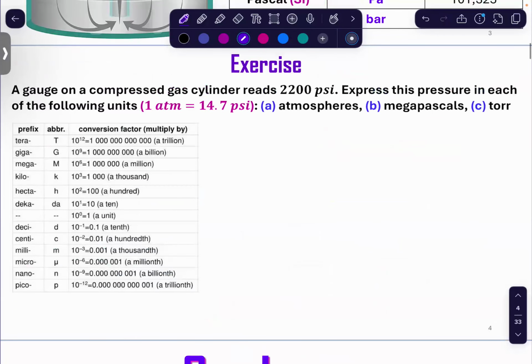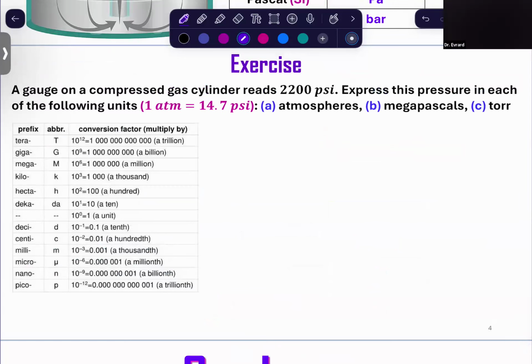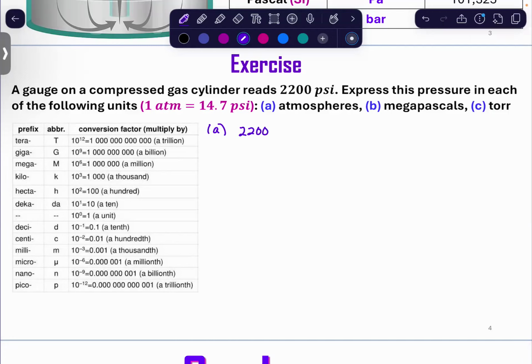So here we go. A gauge on a compressed gas cylinder reads 2,200 psi. Let's express this pressure in atmospheres, megapascals, and torr. Okay, well, part A. Twenty-two hundred psi, and psi is pounds per square inch.